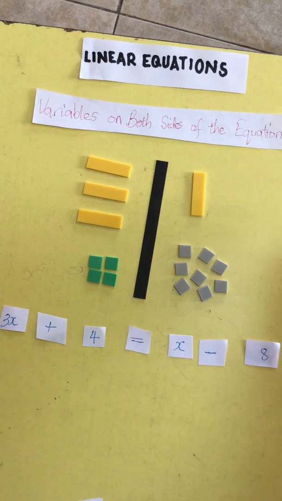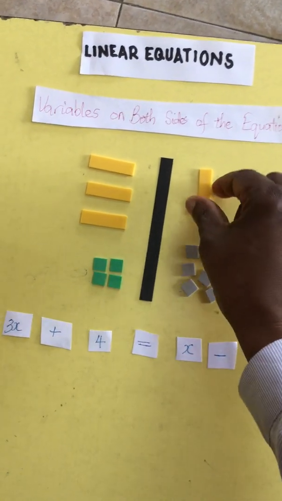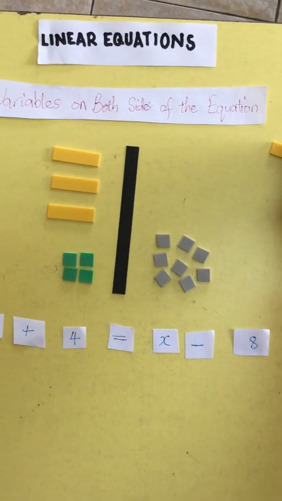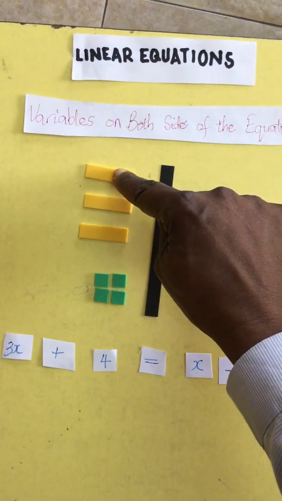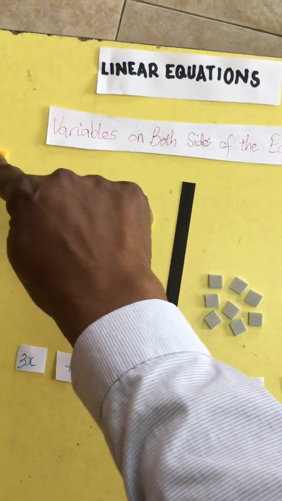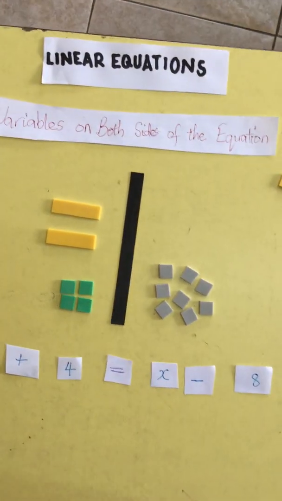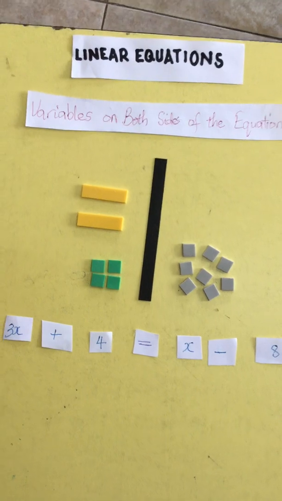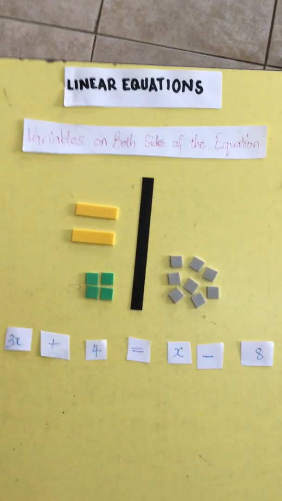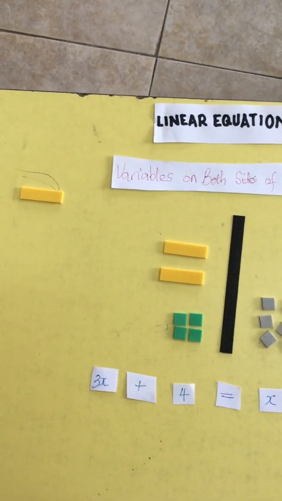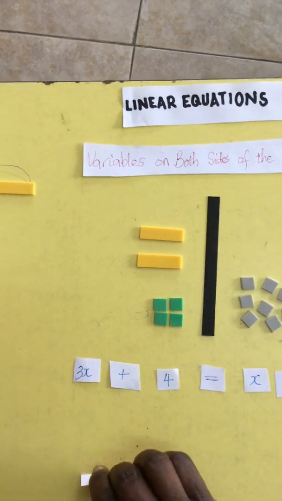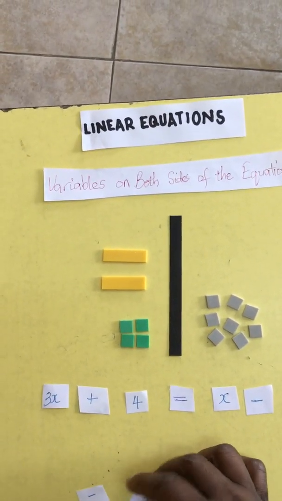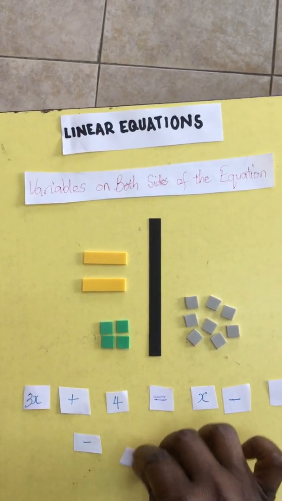So if we remove this x here, we should also remove an x here on this side of the equation. So let's write that down. I removed an x, so minus x.